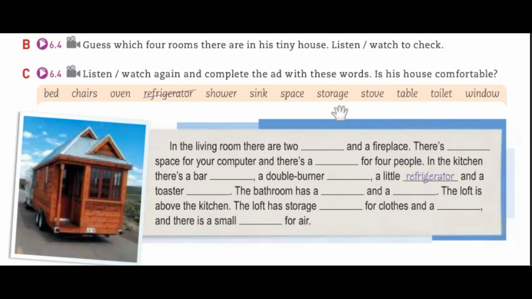Computer storage space, and there's a little table down here. When I pull this table out, believe it or not, as long as I have tiny plates, it seats 4 people, like that. Here in the kitchen, I've got a bar sink, a double burner stove, a little refrigerator, and a toaster oven. The bathroom is the shower.